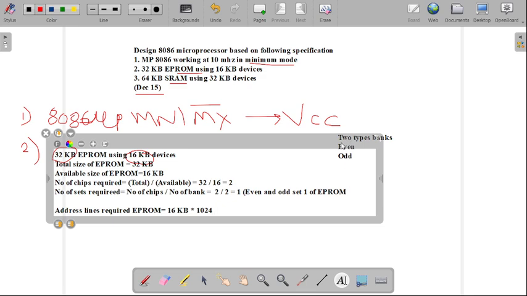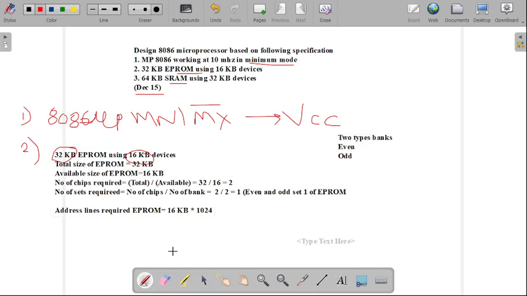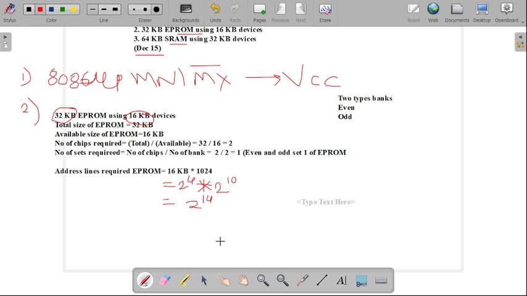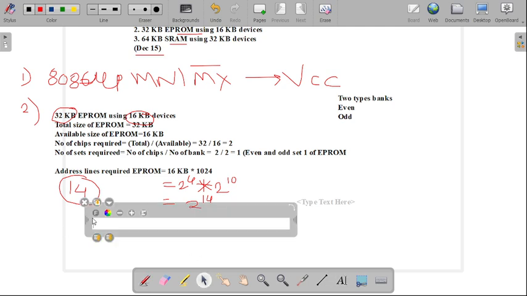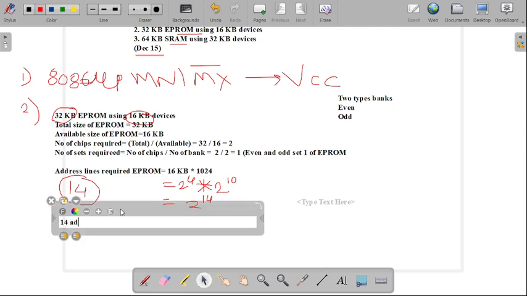So your 16 KB is nothing but 2 raised to 4, and 1024 is 2 raised to 10. So 2 raised to 4 into 2 raised to 10 is 2 raised to 14. So 14 address lines will be required for our EPROM. I'm writing the statement: 14 address lines required for our EPROM.